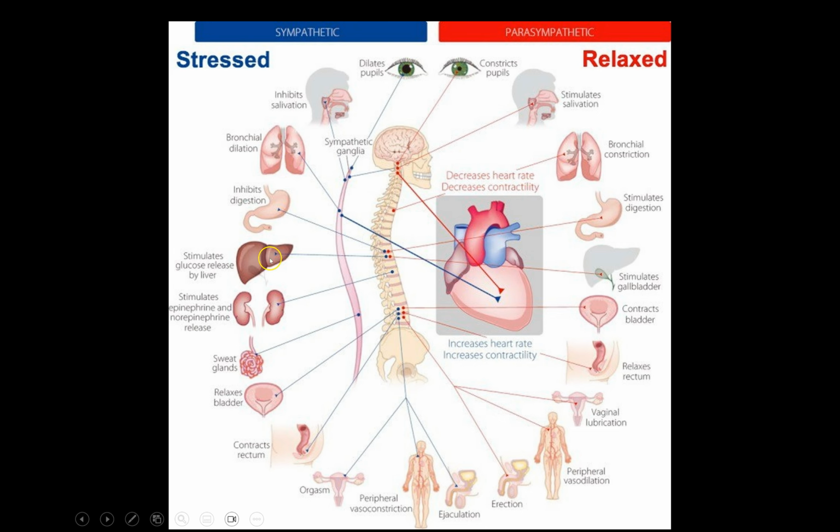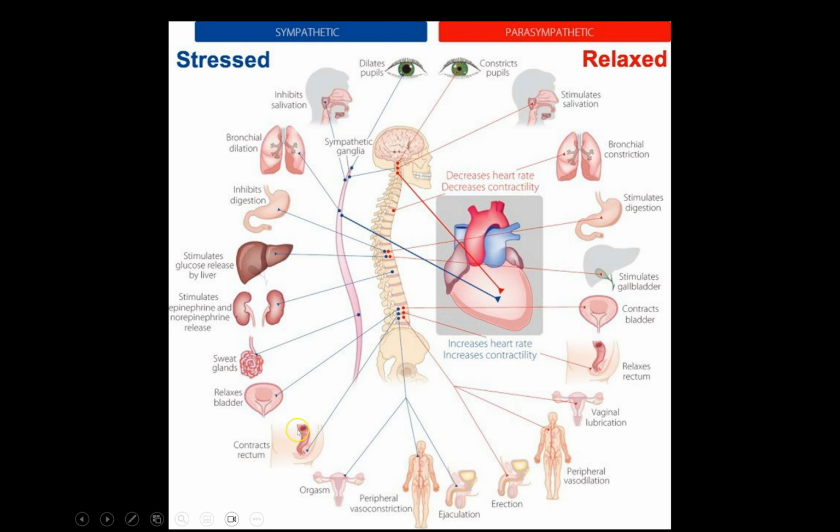Inhibition of digestion. Liver, get me some glucose to get more energy, so it releases glucose. And at the kidneys, it stimulates the production of adrenaline, noradrenaline in the blood, and it stimulates sweating. There is no time for micturition during stress, so you get relaxation of the wall and constriction of the sphincter, and there is no time for defecation during stress.